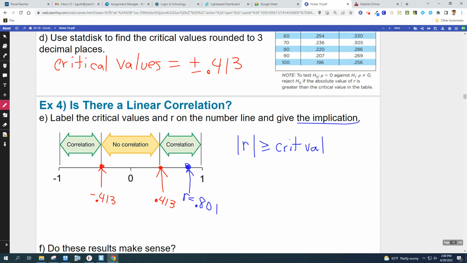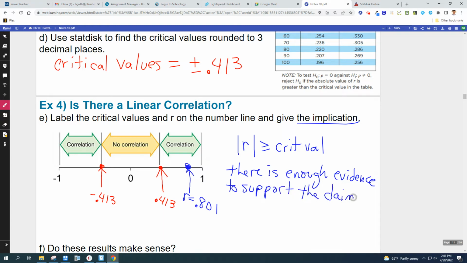So the implication: there is enough evidence to support the claim of a linear correlation.